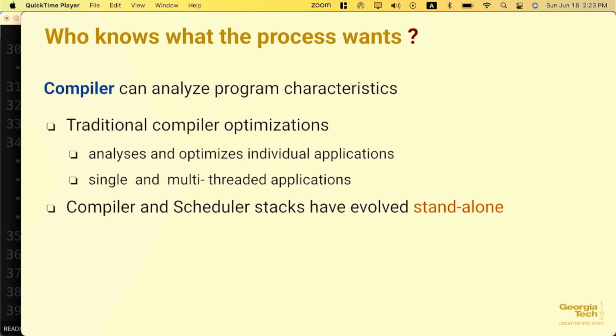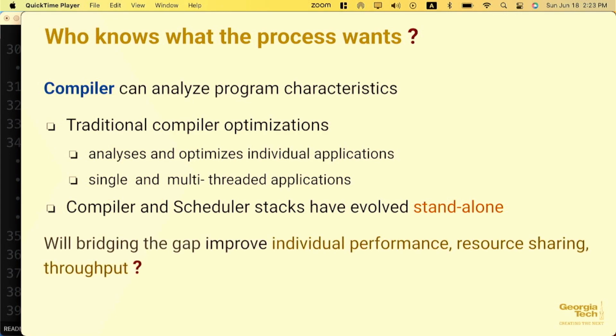So compiler and scheduler stacks have largely evolved standalone. So here, the question is whether bridging this gap can help us improve the performance of these individual applications by providing some kind of knowledge about the processes to the scheduler.